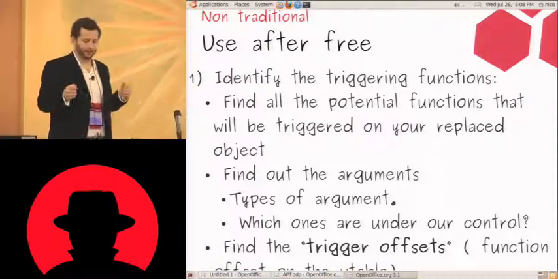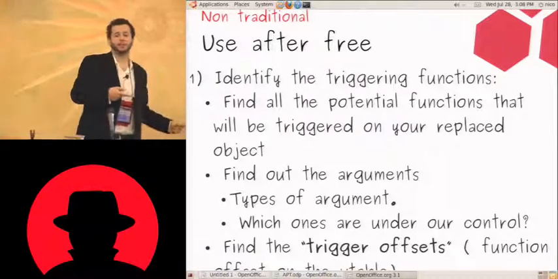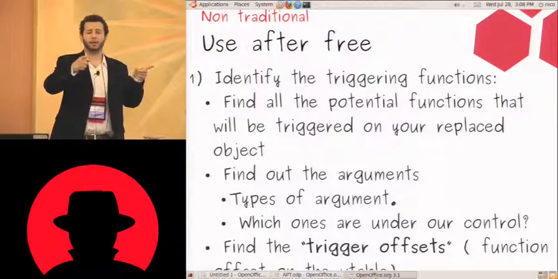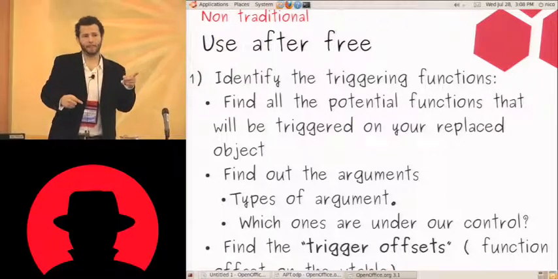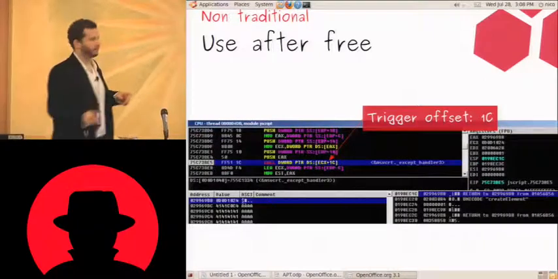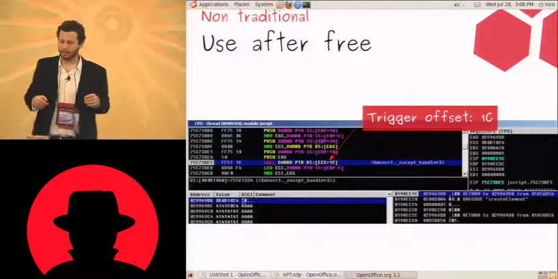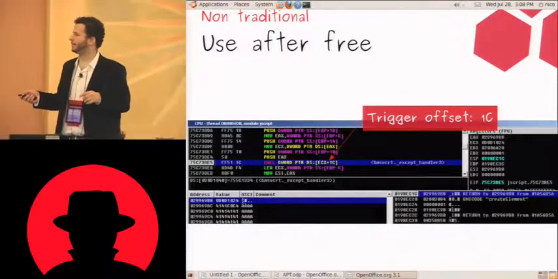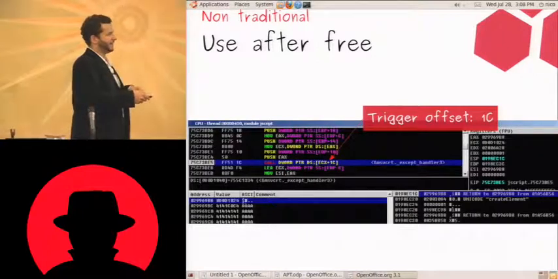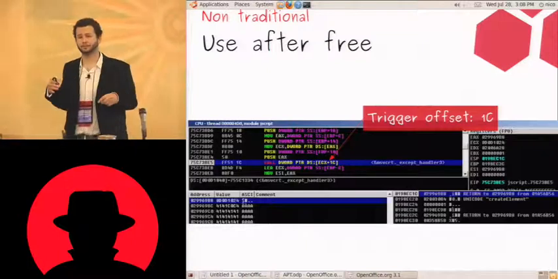That gives me what we call a trigger offset, which is an offset from the beginning of the vtable to the function. Here is an example, a version of a trigger of the same bug, the appear bug, and basically it's called an ECX plus 1C. 1C is actually get this ID.